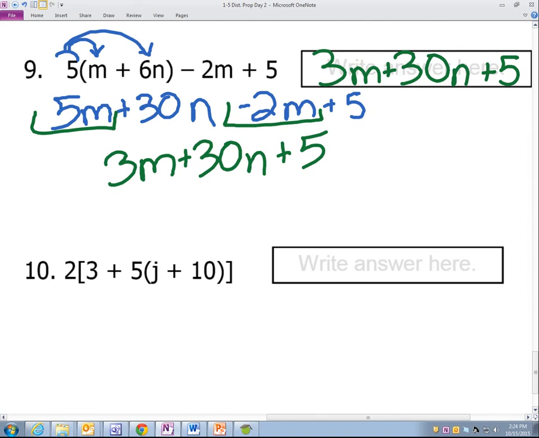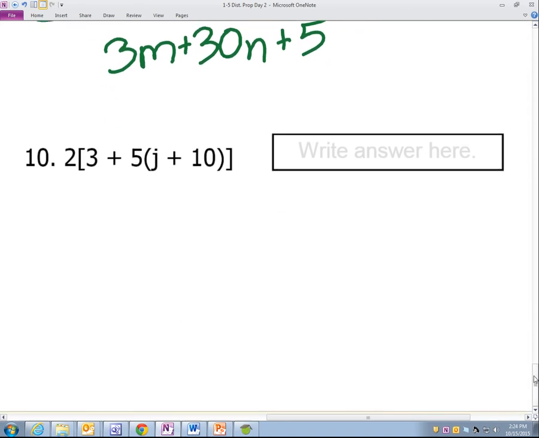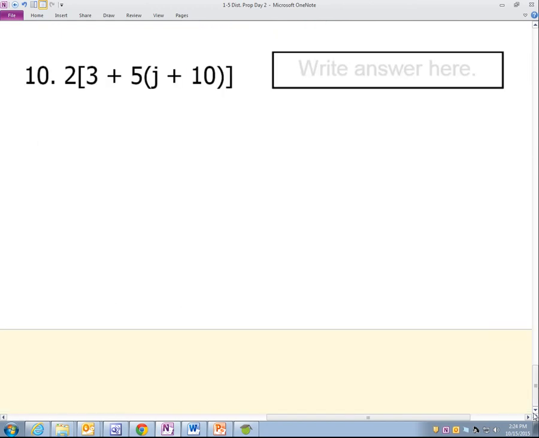Then there's this doozy. Now, I don't think you've seen brackets before. A lot of people don't recognize what brackets are. Brackets are the second round of parentheses.